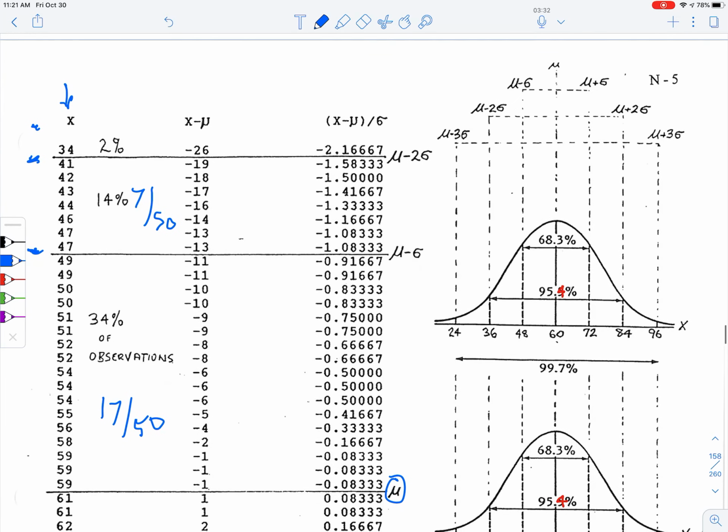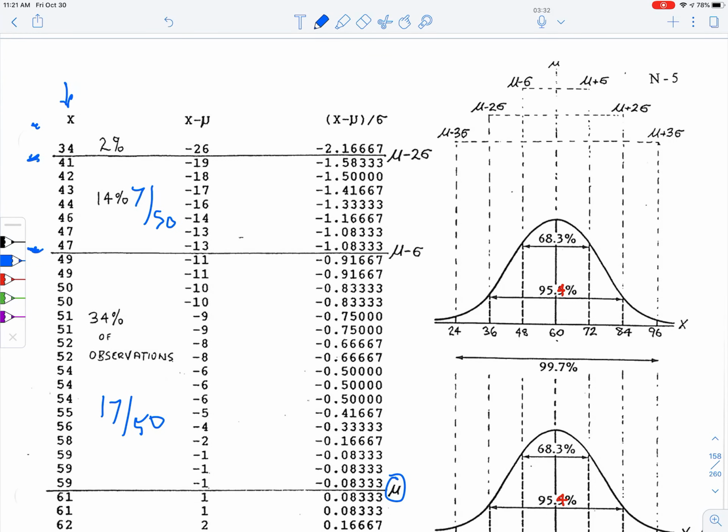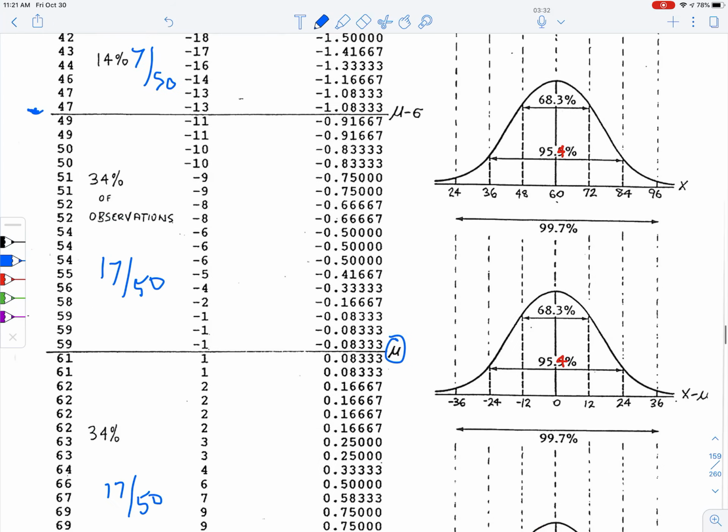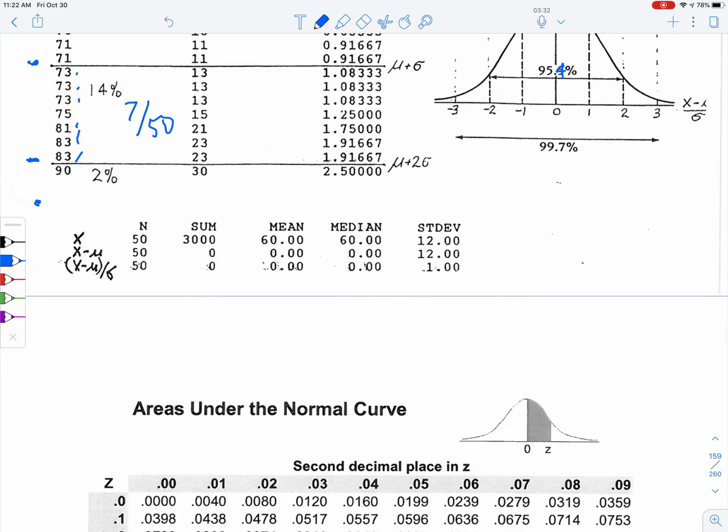I've shown you this page before on page N5, but these are the marks of the 50 students. Over on the left-hand side, we've got the original values going from 34 up to 90, pardon me.